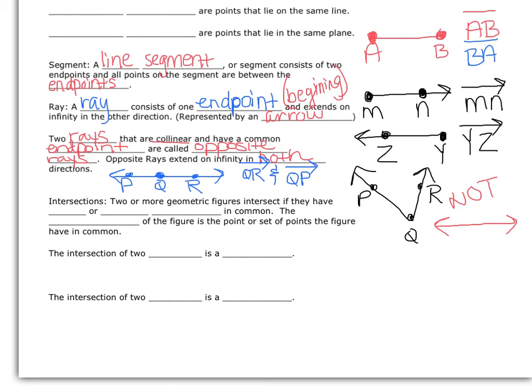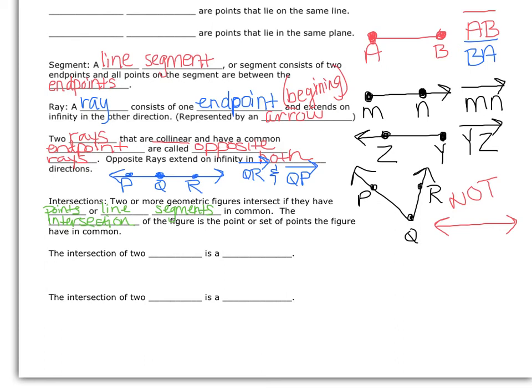Alrighty, so now intersections. Two or more geometric figures intersect if they have points or line segments in common. The intersection of the figures is a point or a set of points of the figure that they have in common.